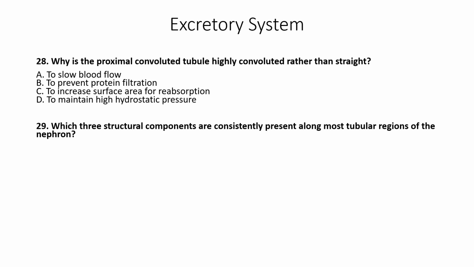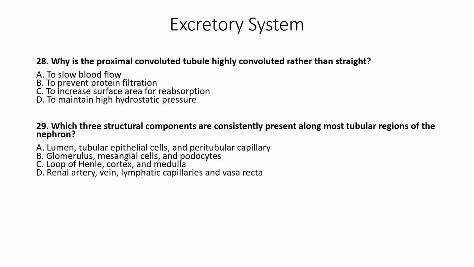Which three structural components are consistently present along most tubular regions of the nephron? These are some structures or some type of cells. Which one do you remember?